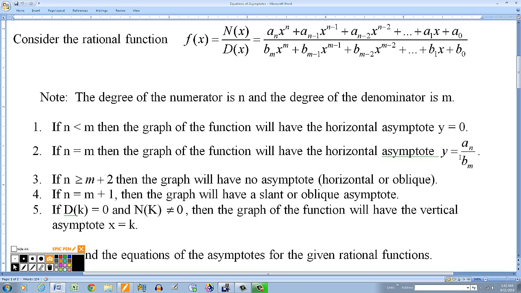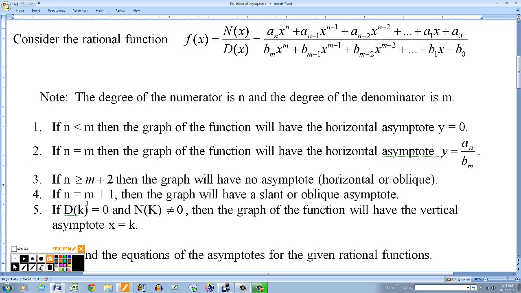That's going to be your horizontal asymptote. Number 3: if n is greater than or equal to m plus 2, that is, the degree of the numerator is 2 or more than the degree of the denominator, then the graph will have no horizontal and no oblique asymptote.